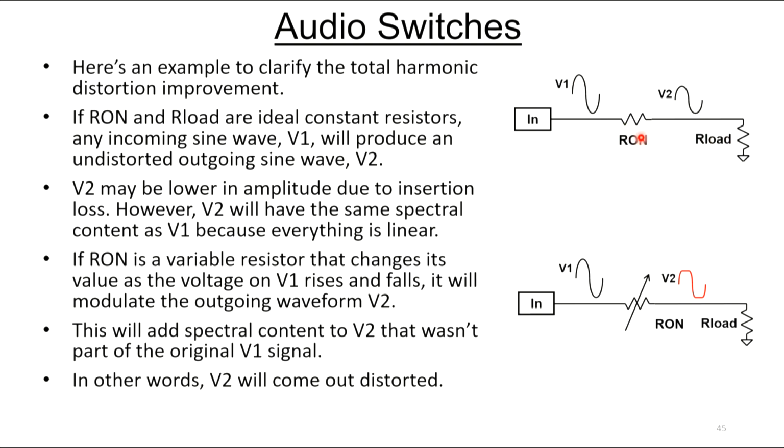There's no distortion. However, if you have a switch where the R-on changes depending on the amplitude of the signal coming in, that's going to add spectral content to your output, and basically you come up with a distorted signal. So that's why we use that other circuit I showed you as an improvement for total harmonic distortion in audio switches.